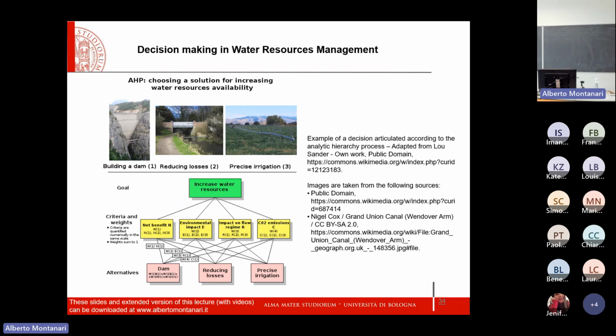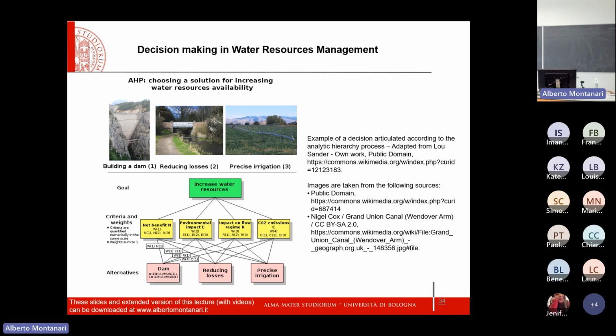The same for reducing losses. I have to evaluate the net benefit. So you see that there are connections from each solution to each criterion. And then, of course, I have to combine these criteria according to weights, which are indicated here with the symbol W. And W is the weight that I have to assign to each criterion. So the way I combine the criteria is by giving weights to them.